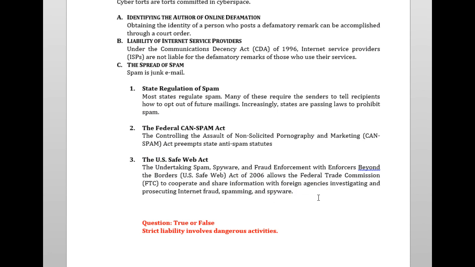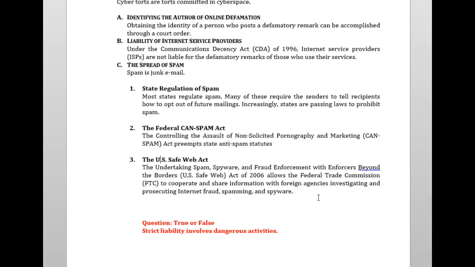Safe Web Act, which is an agreement between foreign agencies to investigate internet fraud, spamming, and spyware.